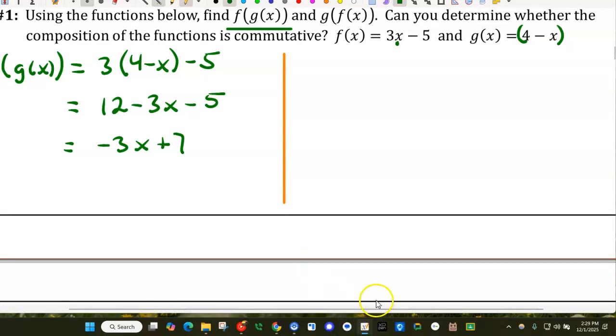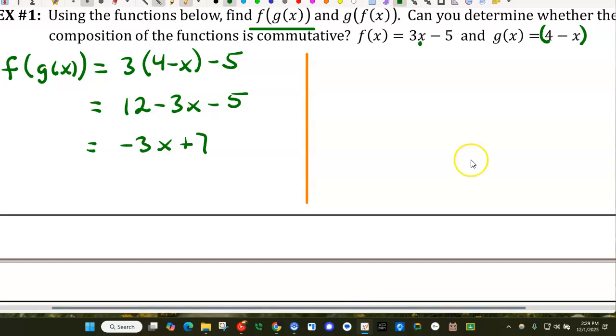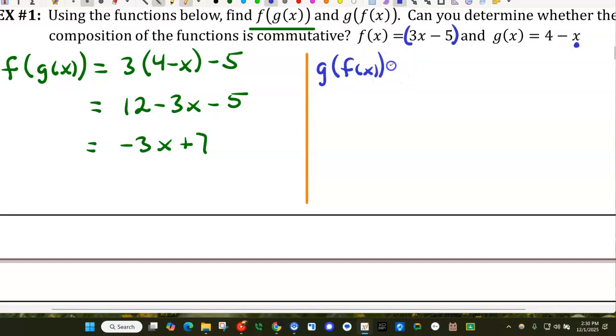All right, now let's compose them the other way. Instead of plugging g into f, let's take every value of x in g and substitute in 3x minus 5. This would be g of f of x. I'm substituting f of x for every x in g.